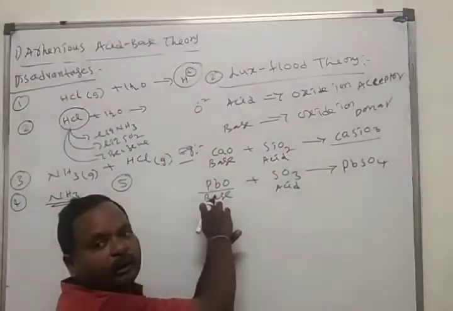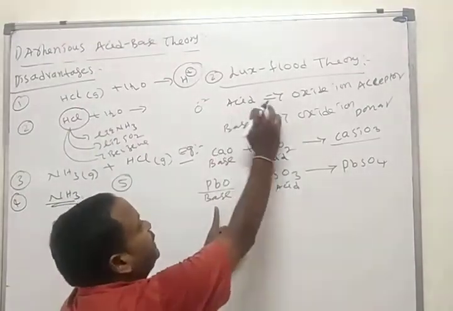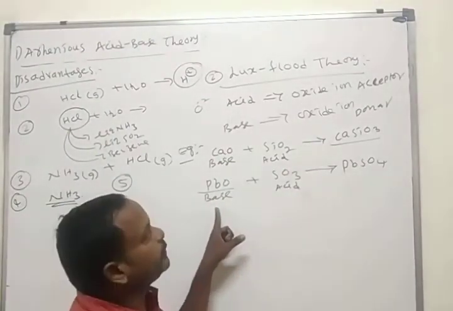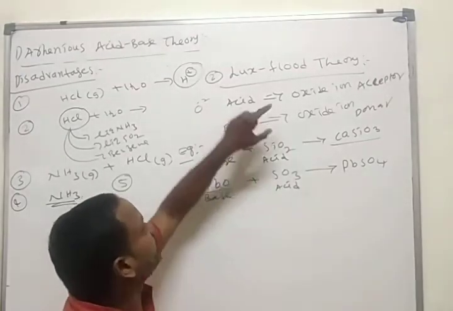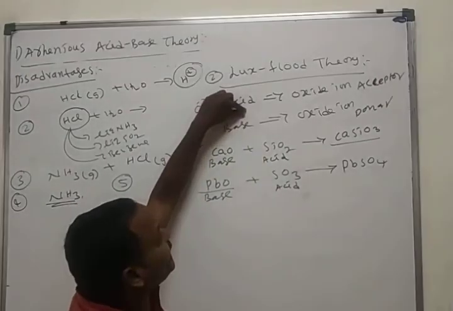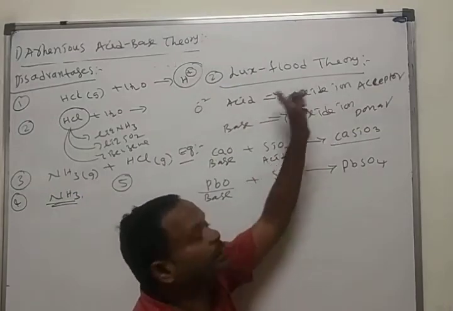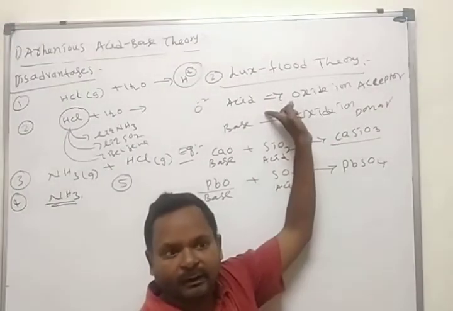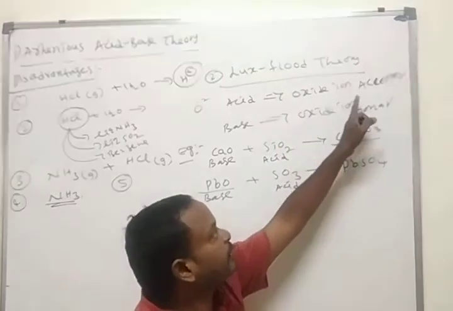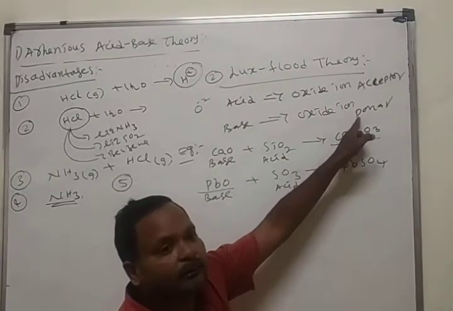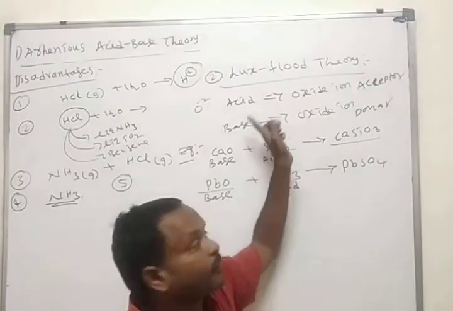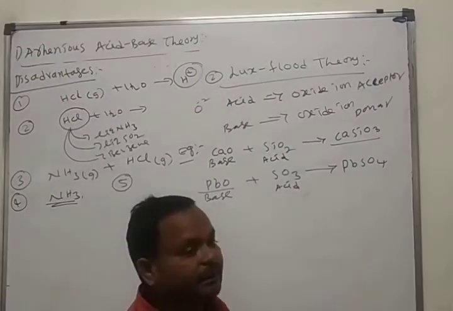Previously I said donor as an acid, acceptor as a base. Sorry for that. Oxide ion acceptor we call an acid. Oxide ion donor we call a base, according to the Lux-Flood theory.